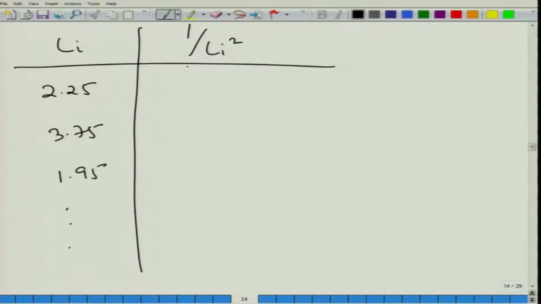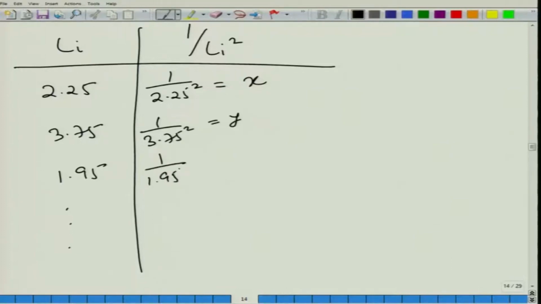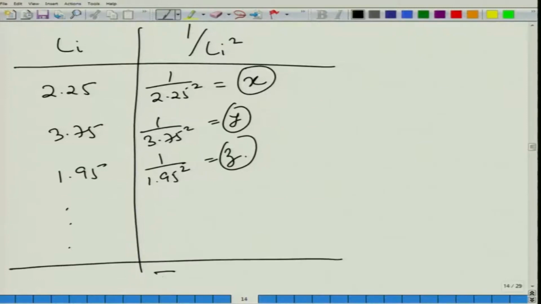Now, 1 over Li square is 1 over 2.25 square, we will get a value, say it is x. Here we have 1 over 3.75 square, let us call it y. Here we have 1.95 square, let us call it z. Once we have calculated all these values x, y, z and so on, then we will calculate the sum of 1 over Li square, which is given by the sum of these values.